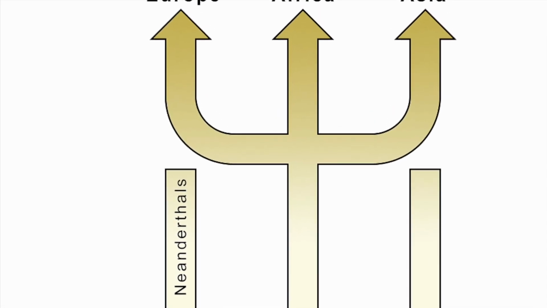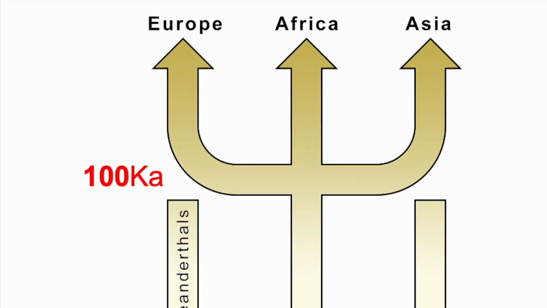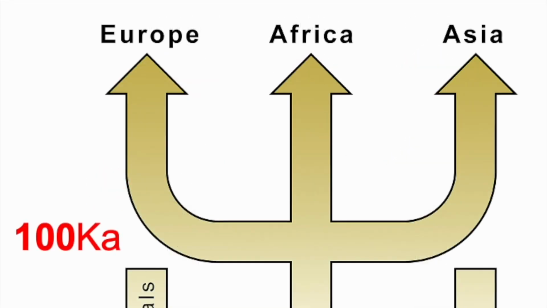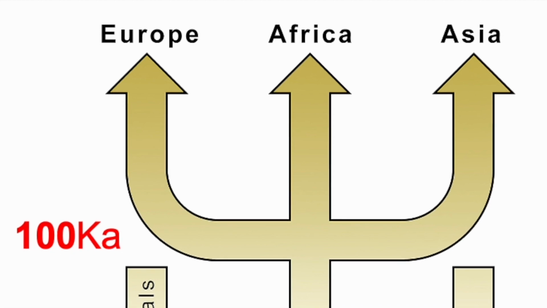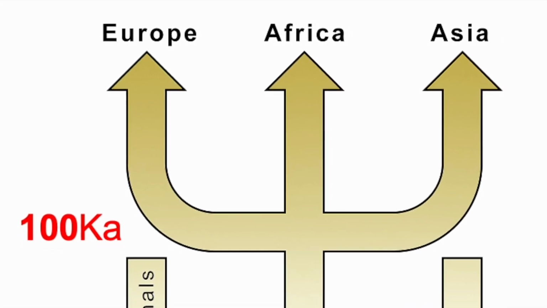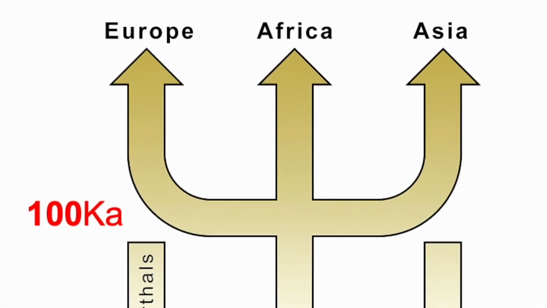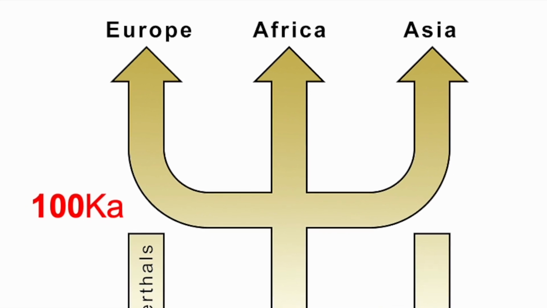Now, crucially, in the out of Africa model, at around 100,000 years ago, we see a second wave of migration out of Africa. And importantly, we see the evolution of Homo sapiens initially in Africa.